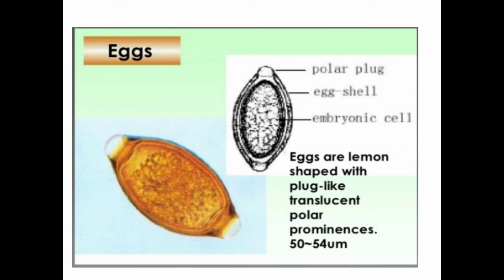The external layer of the shell of the egg is smooth and generally yellow-brown in color. They are very small, but they have thick shells that help them remain viable for months or years. It contains an unsegmented embryo.